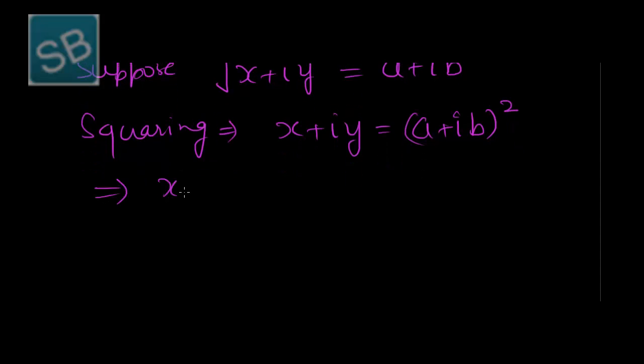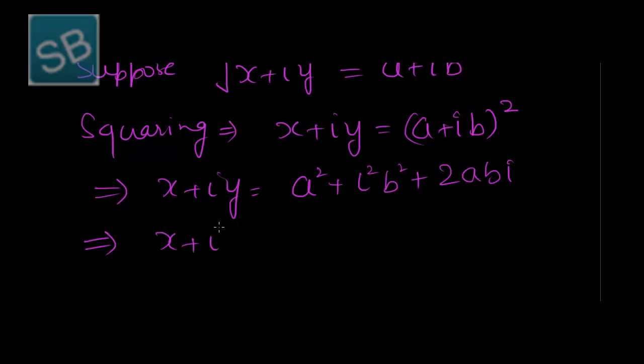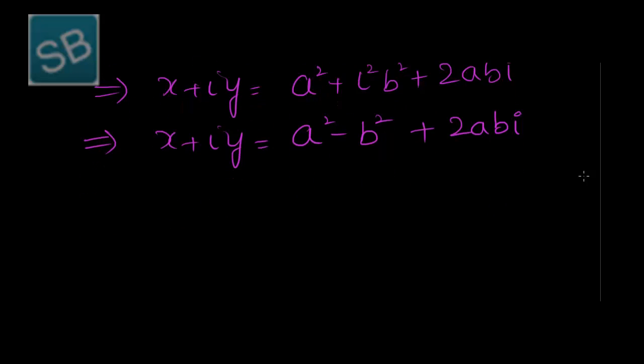That implies x plus iota y is equal to a square plus iota square b square plus 2ab iota. That gives x plus iota y is equal to a square minus b square, as iota square is minus 1, plus 2ab iota.